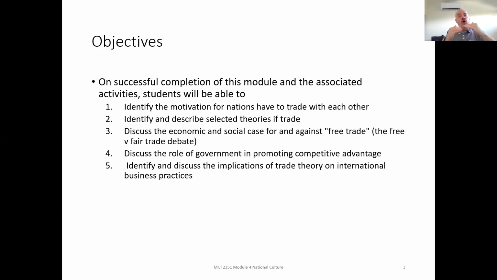As I said, there's a whole set of slides here that outline each of the key points from each of these objectives, the key theoretical and applied aspects. But as well as that, there's a range of things on the unit website that you will find very useful for exploring this topic.